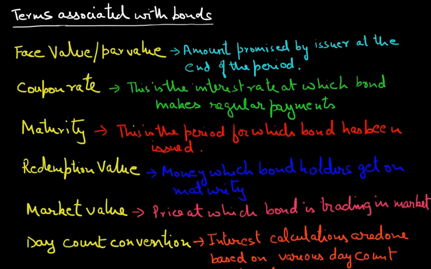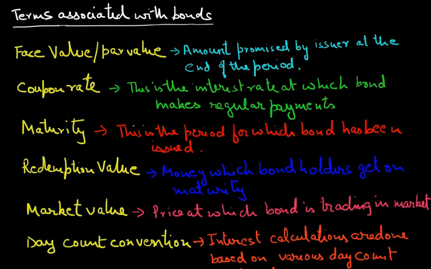So the first term here is face value, also known as par value. Now, what is the face value of a bond? The face value of a bond is the amount which has been promised by the bond issuer at the end of the period. So let's take an example.